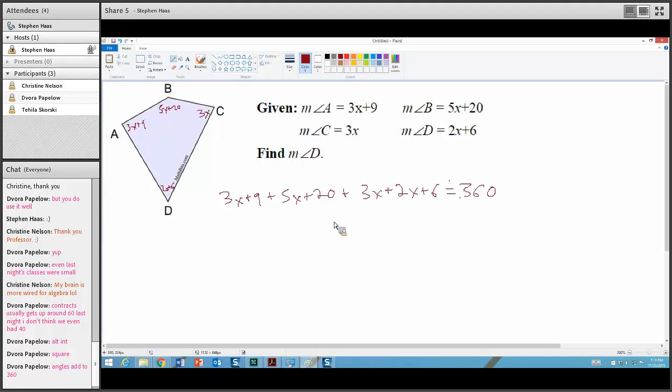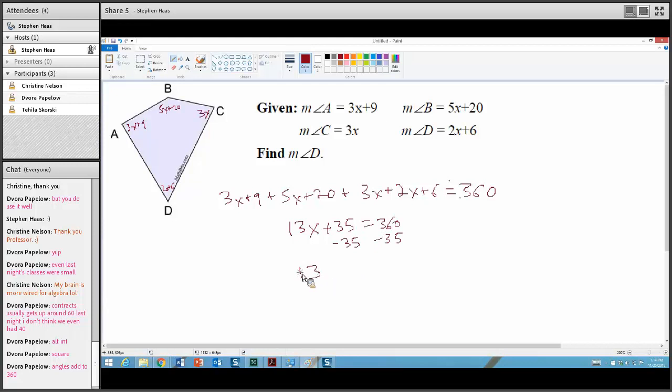Let's combine all the x's. 3x, 5x, 3x, 2x. That's 8 plus 5, which is 13x. The numbers, well, we got a 9, we got a 20, and we have a 6. So that seems to be 35. Equals 360. So let's subtract 35 from each side in order to isolate the x term.